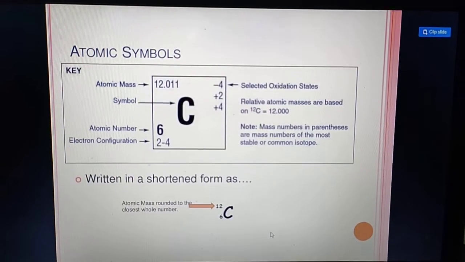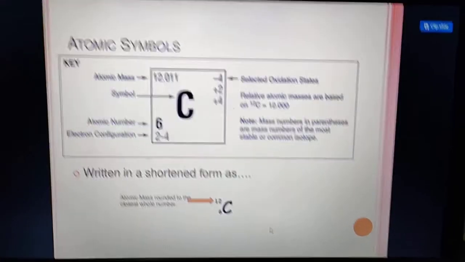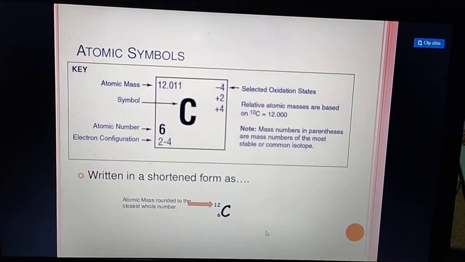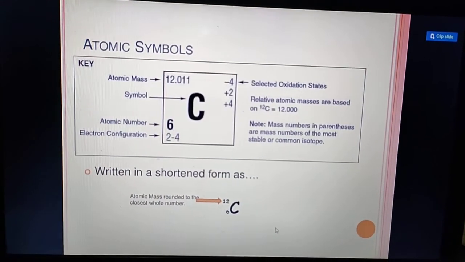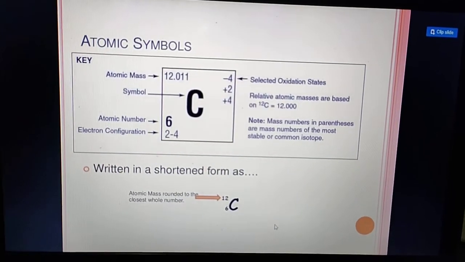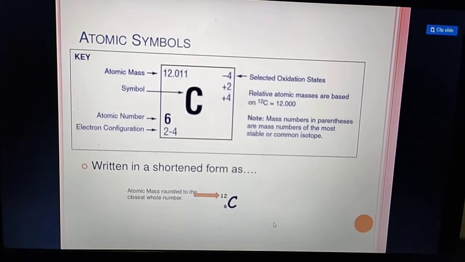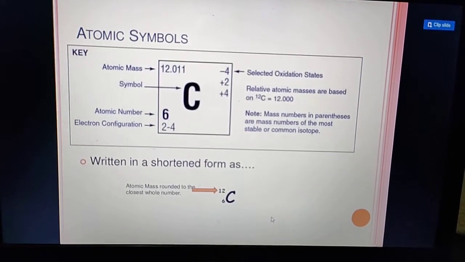The first topic in this chapter is modern atomic symbol. In the previous chapter also we studied that atomic symbols were introduced by the chemist J.J. Berzelius.